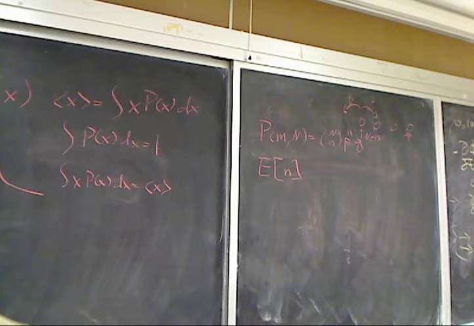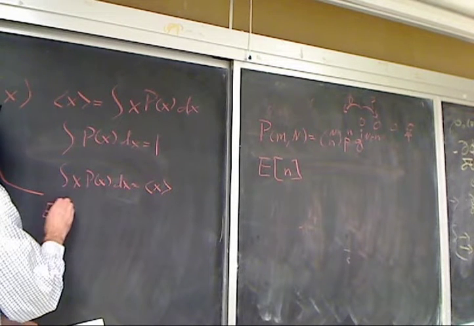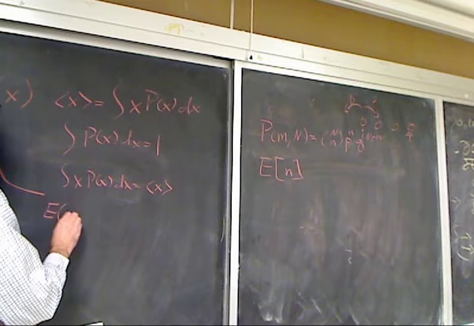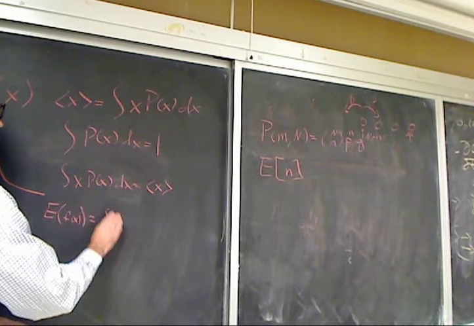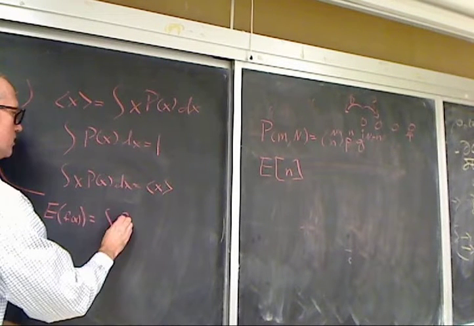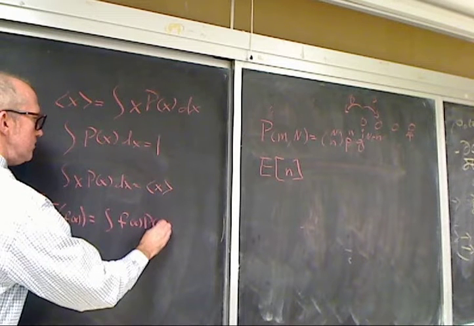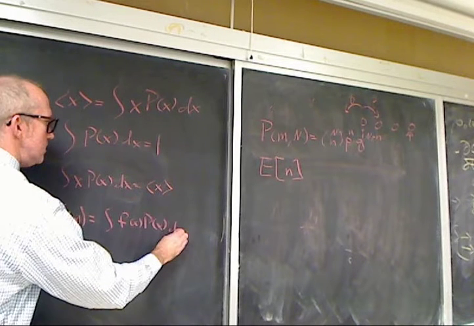If I have any quantity that depends on x, and I want to know what the probable outcome of that is, then we call that the expectation value of f of x. And that's just equal to the integral of f of x, P of x dx.